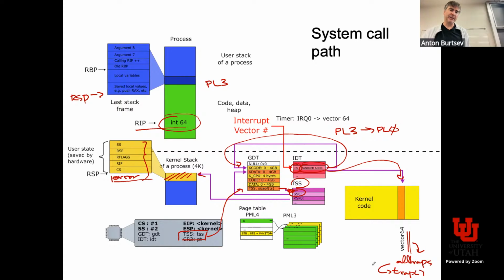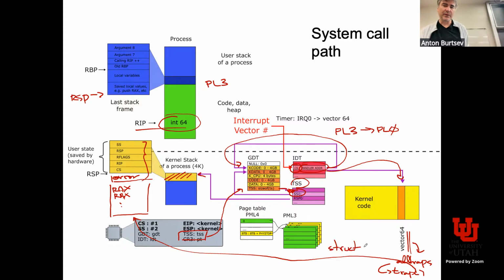If we saved all the registers on this stack, like RAX, RBX, and so on, alltraps takes a pointer to this data structure, to this stack essentially, which is called the struct trapframe. At this point, we can access all the saved user registers if we need. We also push the interrupt number on the stack, so we know which interrupt was invoked.